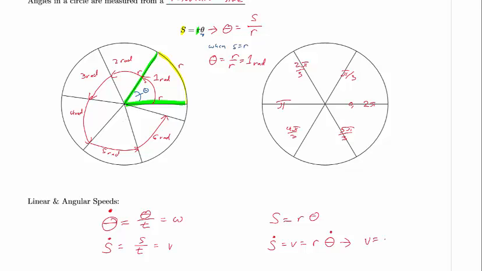The velocity is the radius times omega, where omega and theta dot are one and the same. Now, this equation is only valid if the radius is constant. That is, if your radius isn't changing. And since we're dealing with circles, the radius will be constant. But just note that if the radius were changing, we would need to modify this equation a little bit.